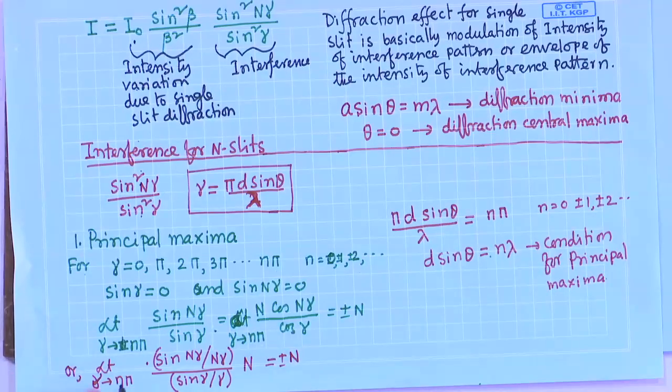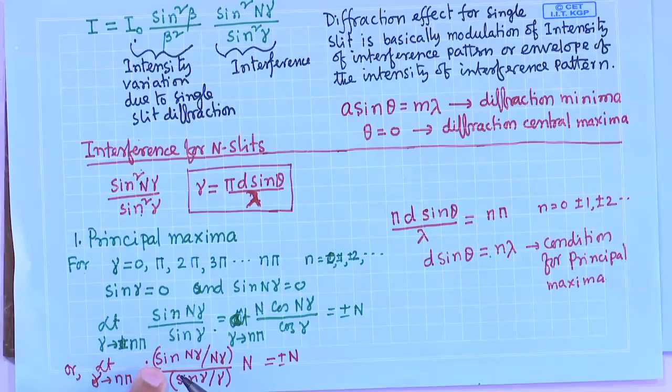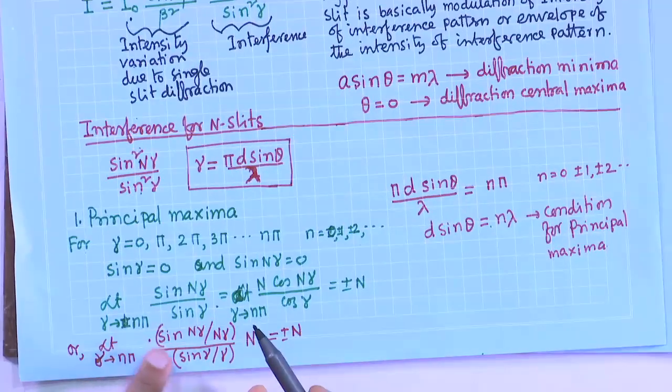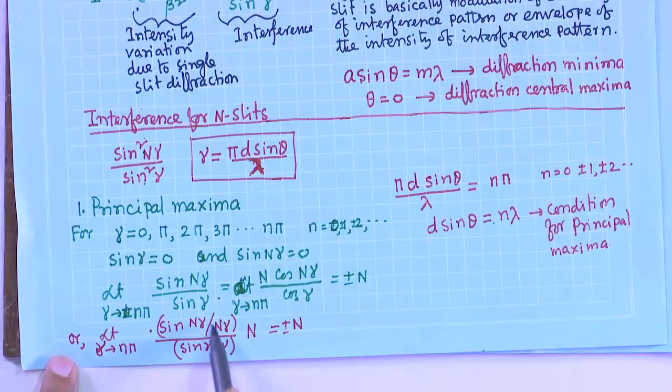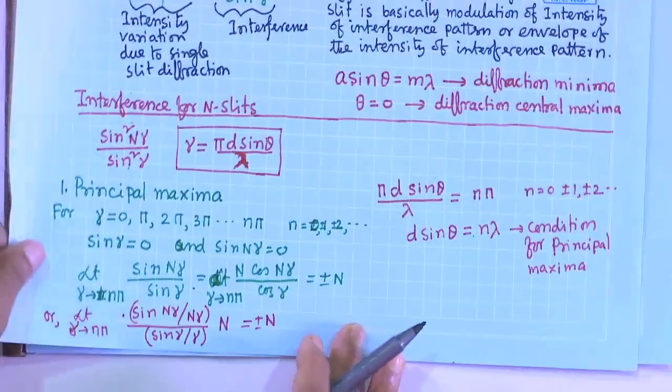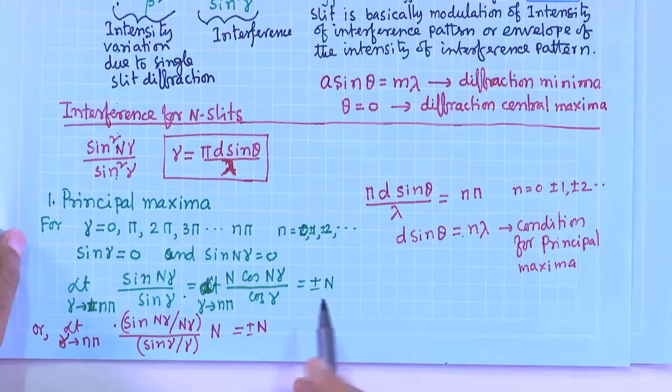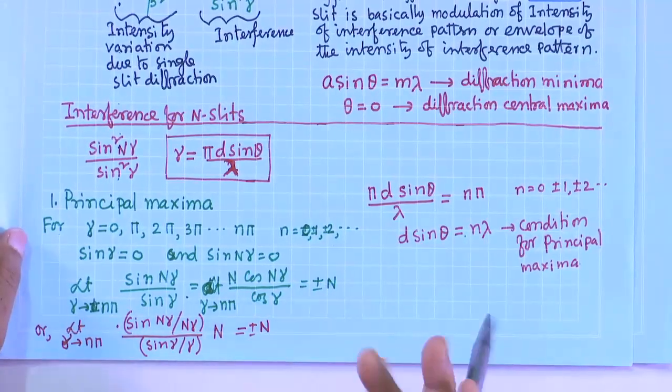You know sin theta by theta, as theta tends to 0, equals 1. So sin n gamma by n gamma divided by sin gamma by gamma, I have to multiply by n. If you put the limit, both terms will be 1, so you will get plus or minus n.